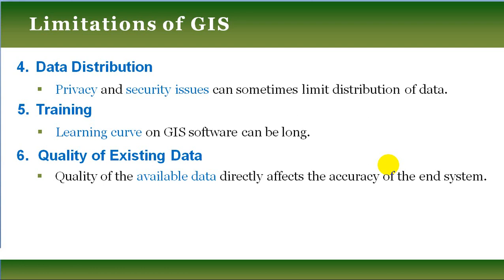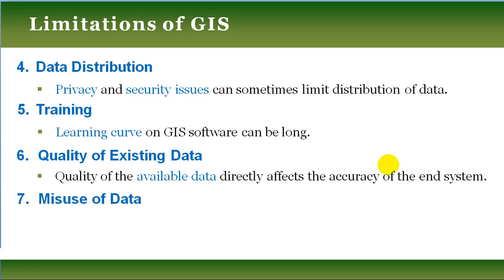So the quality of data, quality of maps, and quality of satellite images play a very vital role, and that is also one limitation of GIS we may consider.